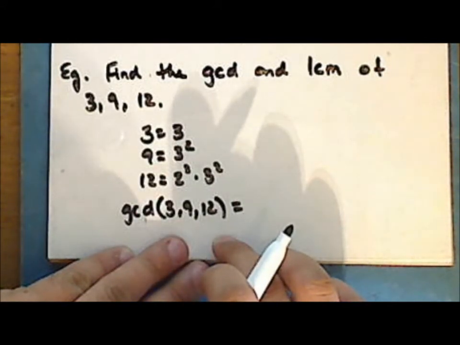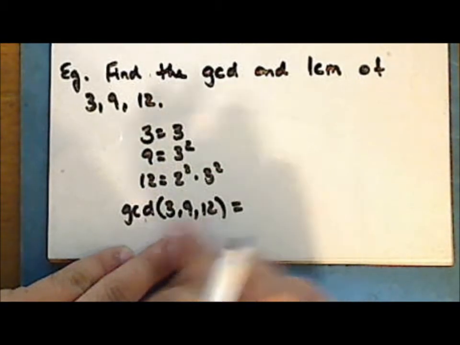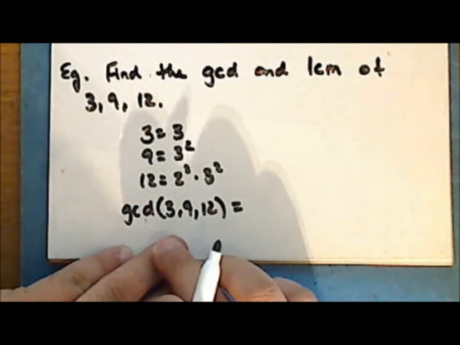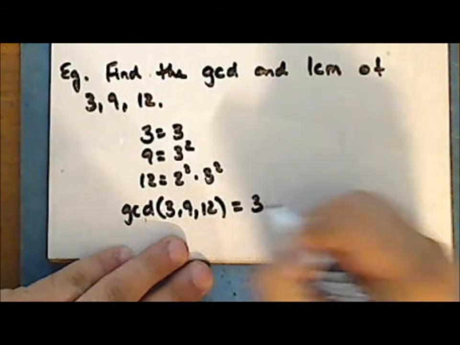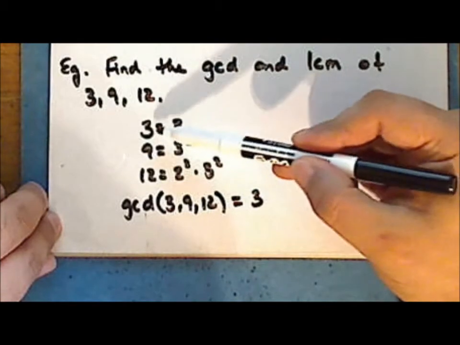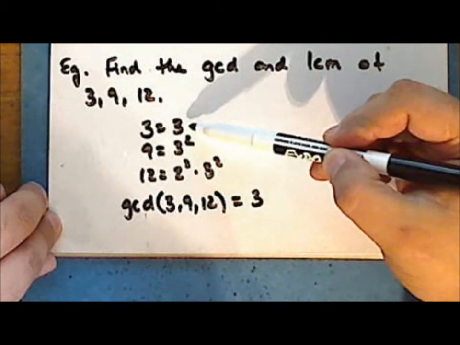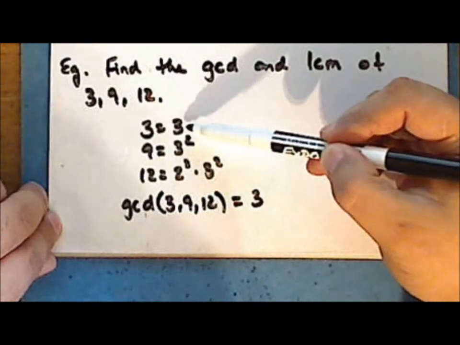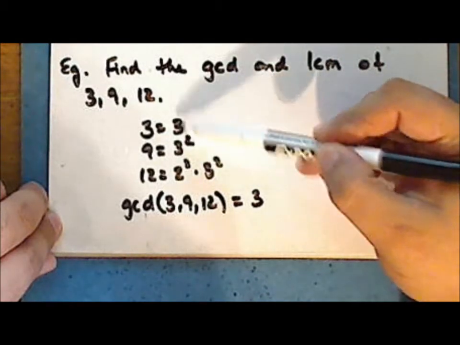But 1 divides 3, and so 3 is the greatest common divisor of 3, 9, and 12. And notice that in each of the terms where we factored them into primes, 3 is common to all three numbers.